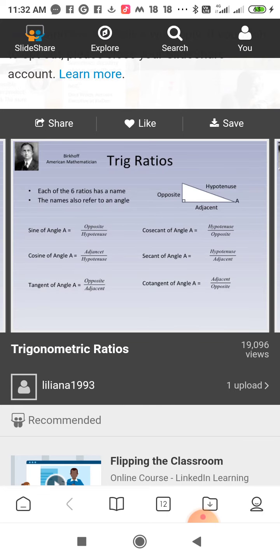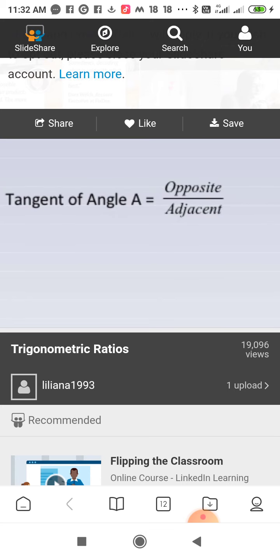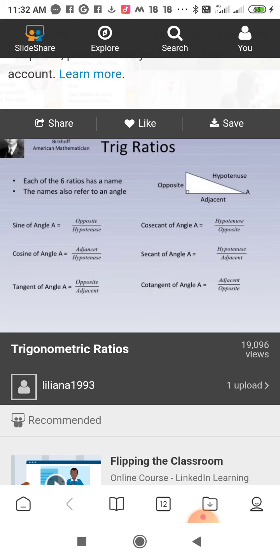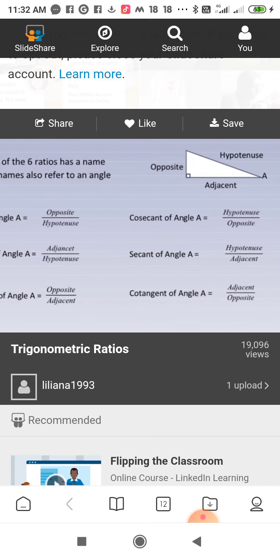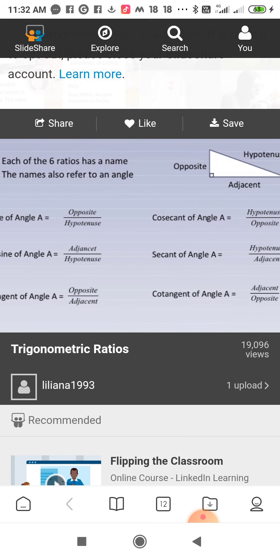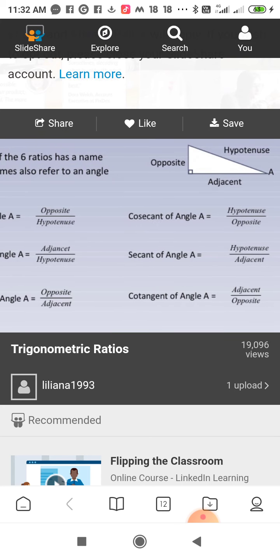Next, cosine. Cosine A is the adjacent side upon hypotenuse. Tangent A is the opposite side upon adjacent, and the other three are the vice versa of them. Vice versa of sine is cosecant, which is hypotenuse upon opposite side.